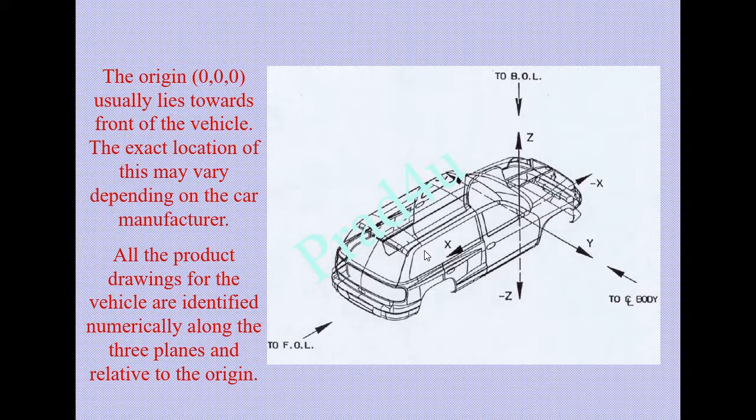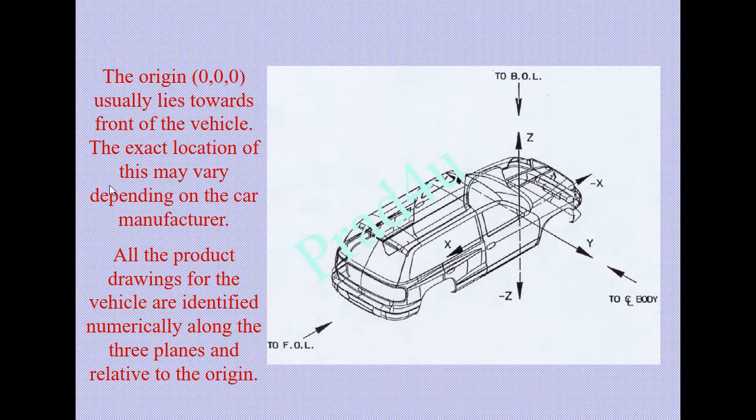This is x positive, this is x negative, this is y negative, this is y positive, this is z negative, this is z positive. These are all the representations of the coordinates of a vehicle. If a part is assembled at this position, it must show all these positive and negative dimensions.